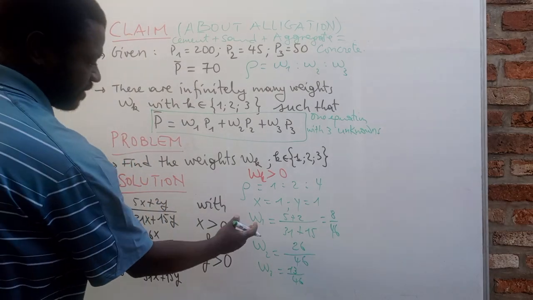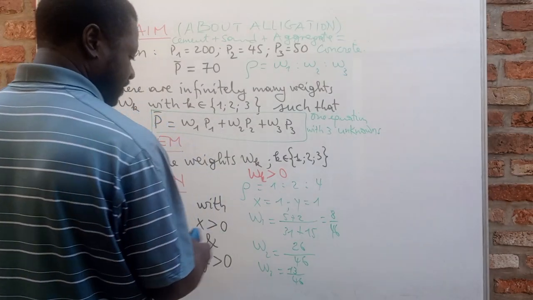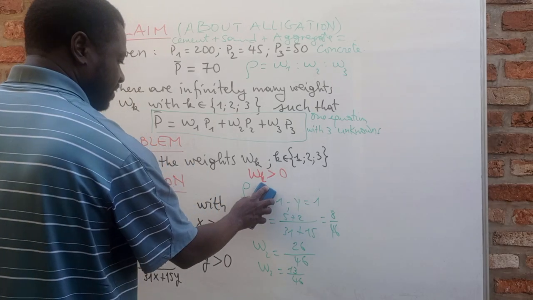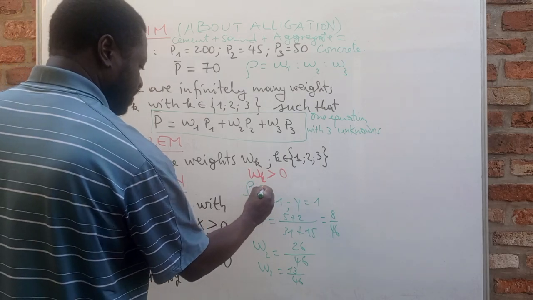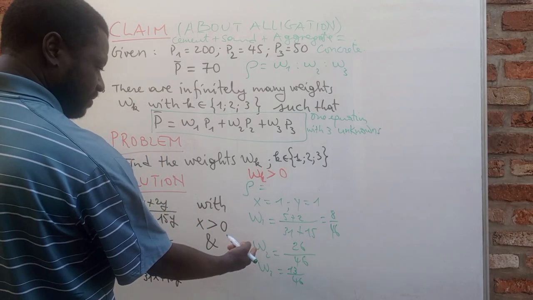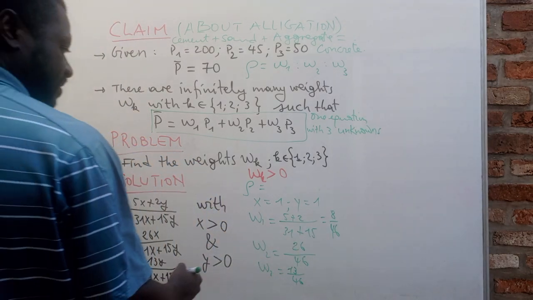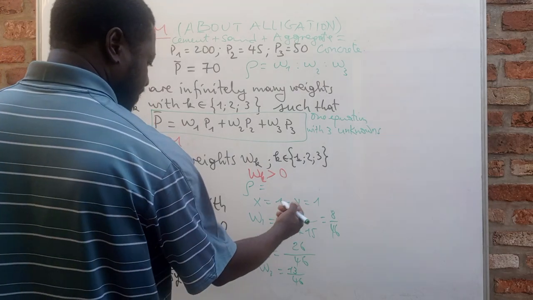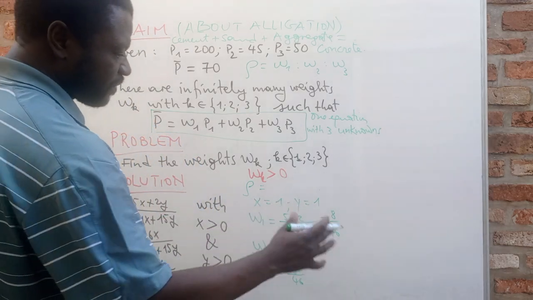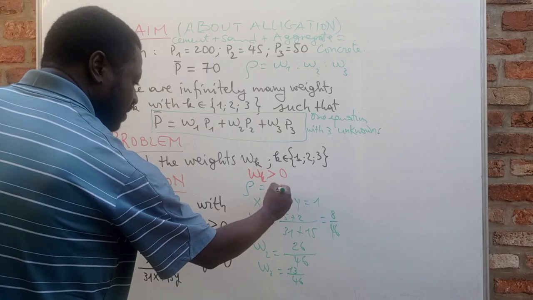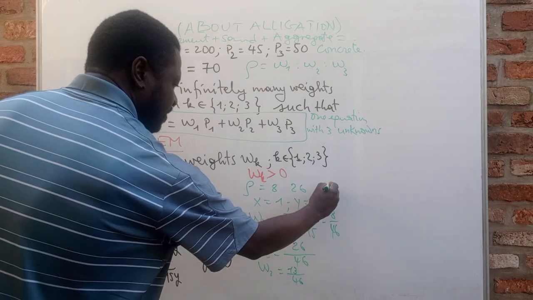Now, if we get the ratio, we find another ratio which is not necessarily the same as this one. Another ratio we can find is omega 1 over omega 2, which is equal to 8 over 26. And if I put all of this on the same denominator, it's going to be 8 and then 26 and then 13.